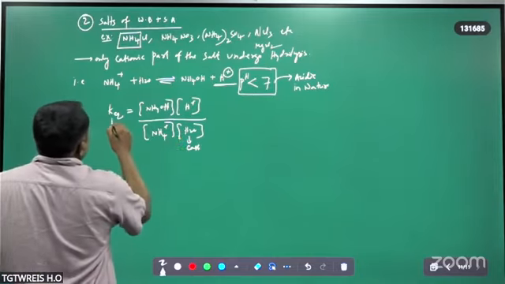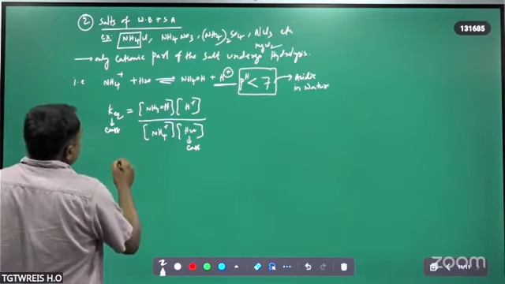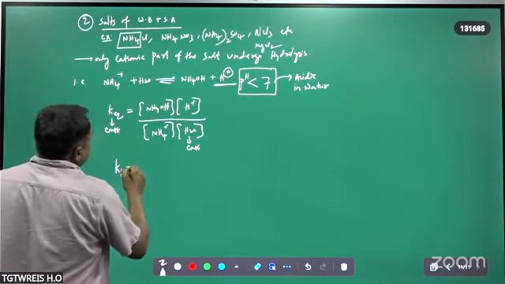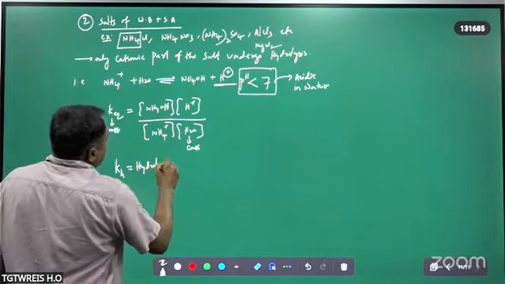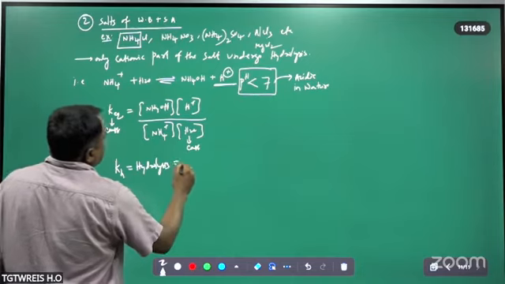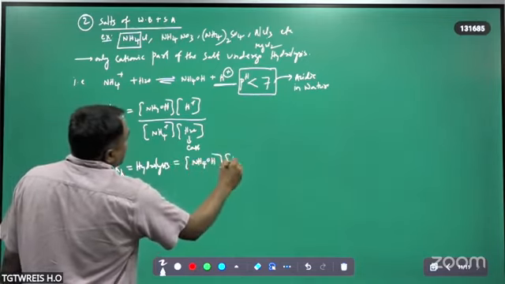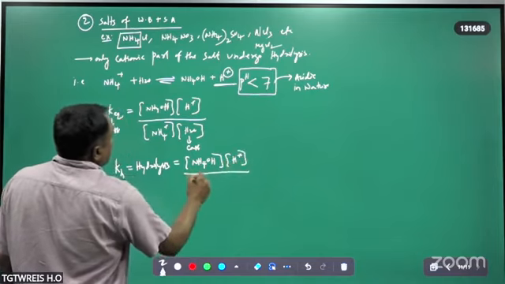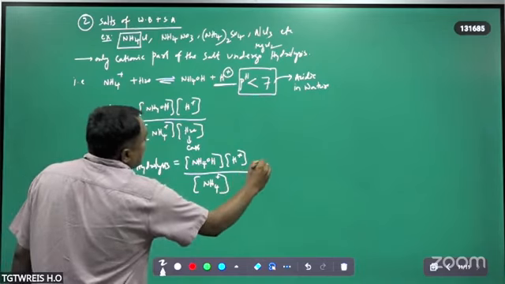The equilibrium constant multiplied by this constant gives the hydrolysis constant Kh. So the hydrolysis constant equals NH4OH and H plus by NH4 plus. This is equation number 1.